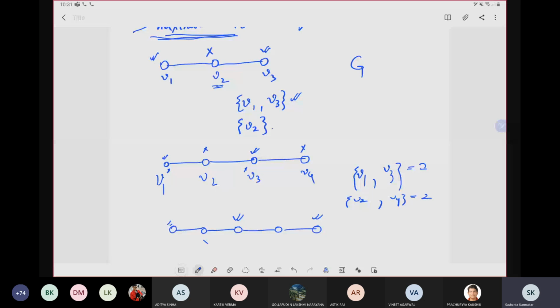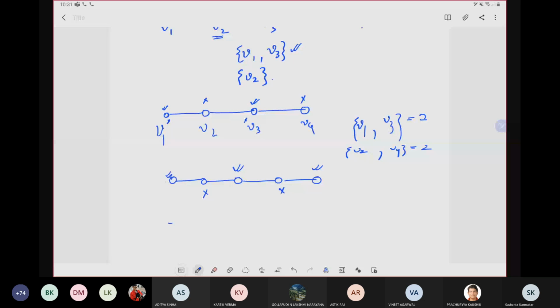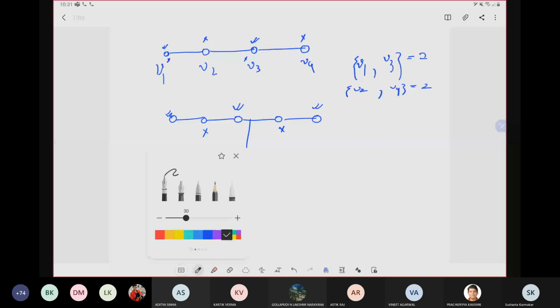And if it is an even number of elements, so there are 6, you can do it like this.